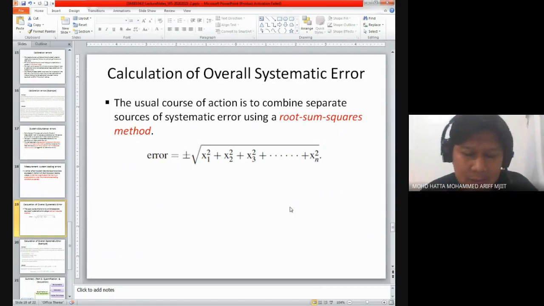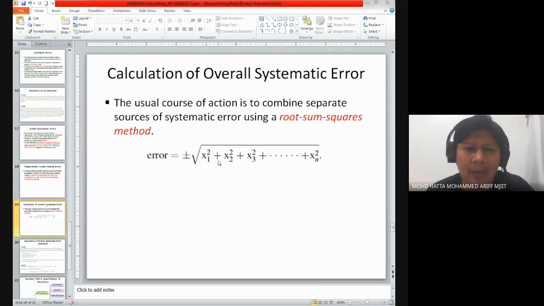Here is the equation of the root sum squared method. We take x1, x2, x3 as our measurement errors.